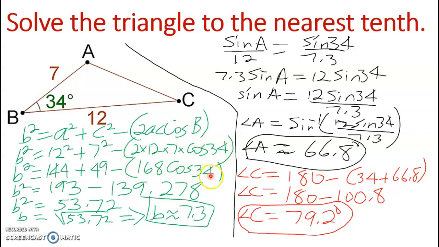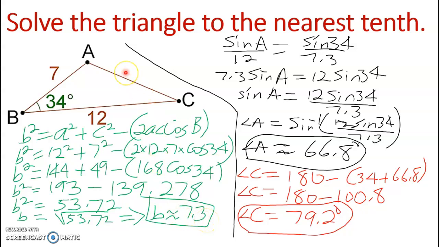Multiply those three first, and then multiply those. You get this number. Then you square these two and add them. Again, square before you add. Now you can subtract them because you have all numbers and you're solving for B. Once you simplify the right side, you come down to 53.72. To remove the square, you take the square root of both sides, and that will give us B is about 7.3.